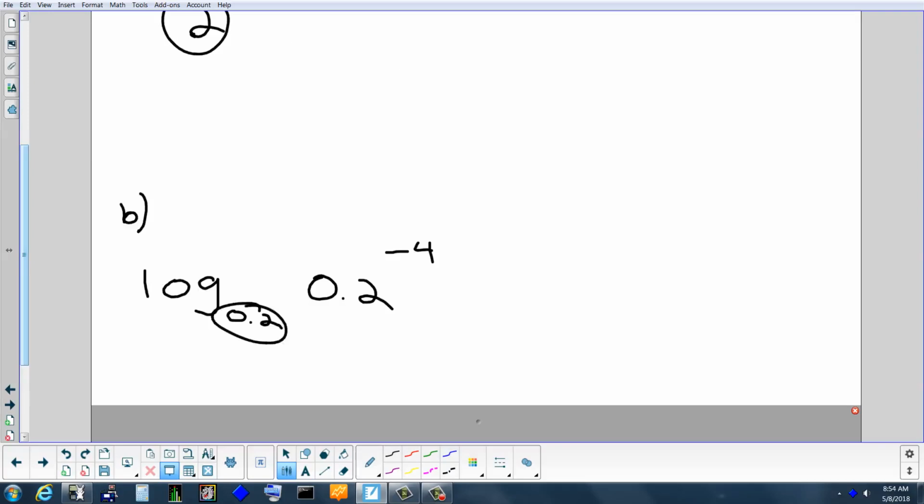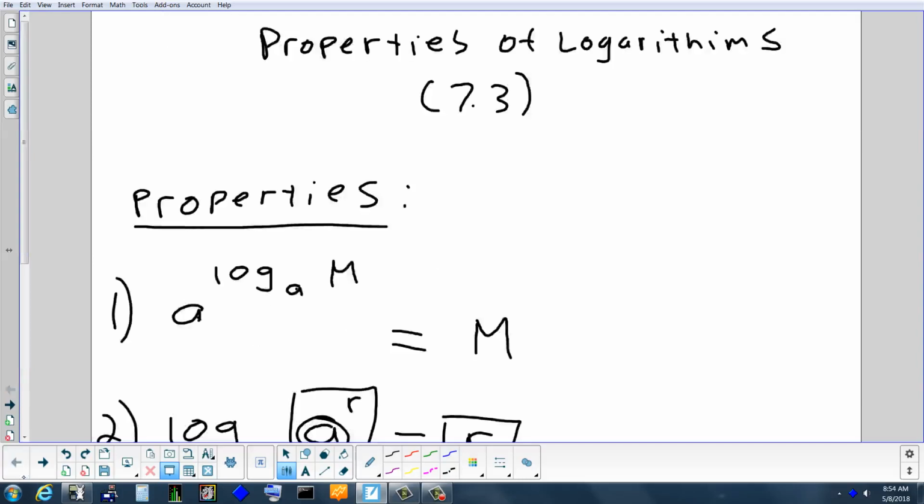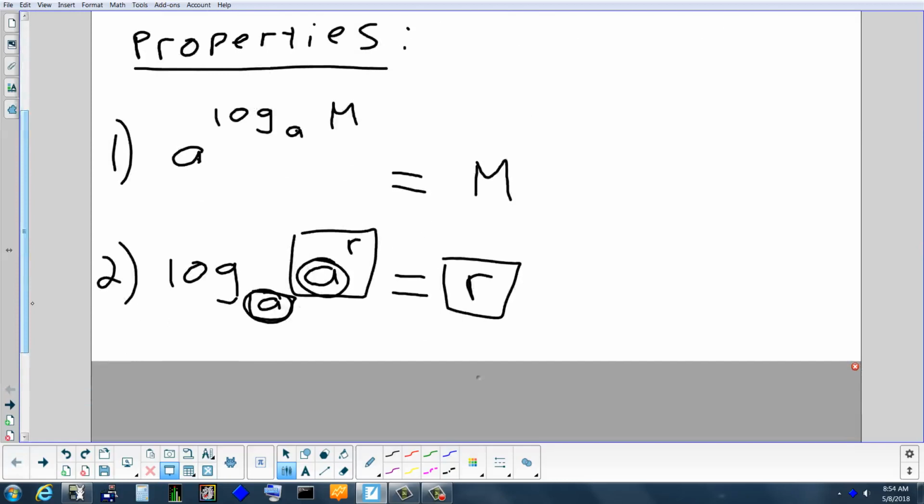As long as these match, then the answer to the problem is whatever is sitting right there. Whatever you have right there is what all that would simplify to.